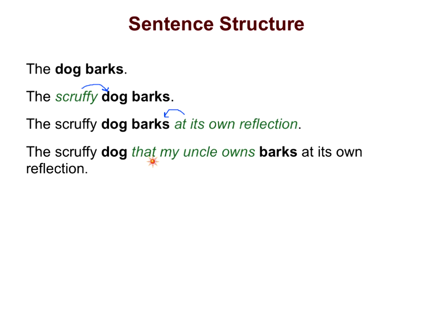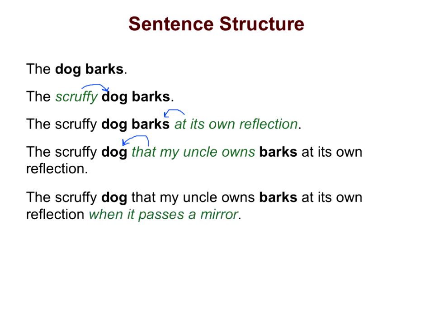If there was only one dog sitting in front of us, and I just wanted to tell you, oh, by the way, my uncle happens to own this dog, I would write the sentence as, the scruffy dog, comma, which my uncle owns, by the way, comma, barks at its own reflection. Okay, so both of those, the which or the that, are introducing noun modifiers, in this case talking about the dog. All right, good.